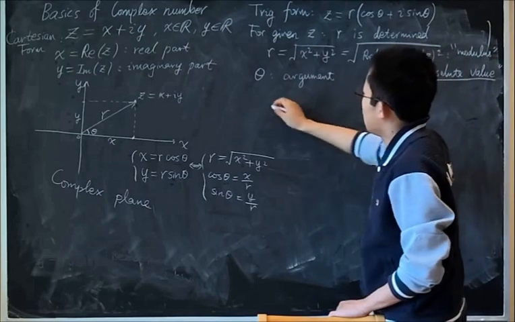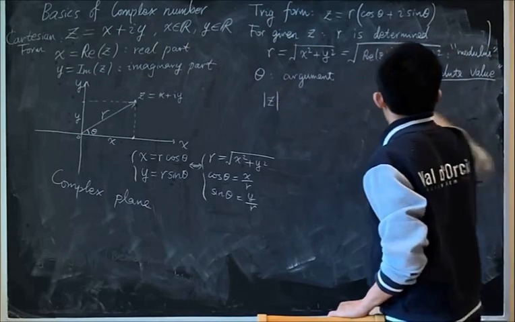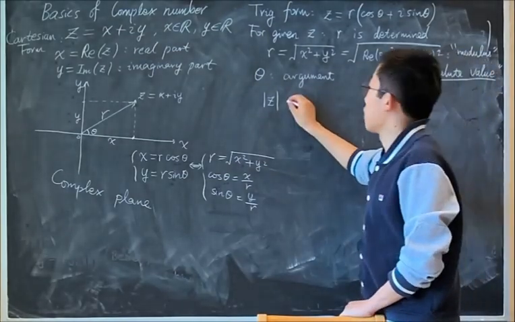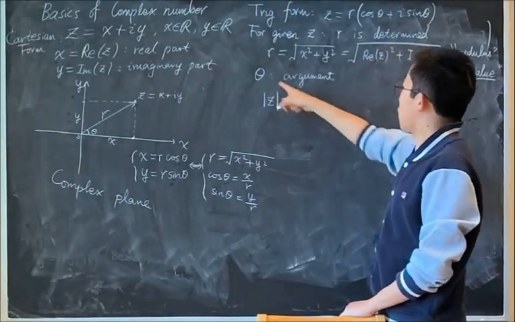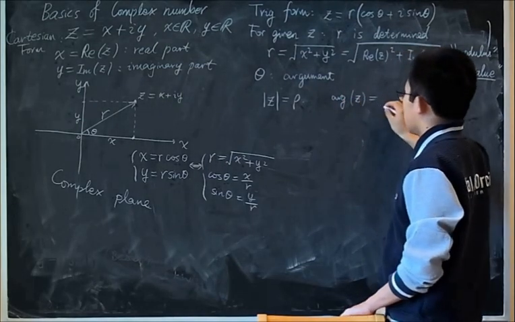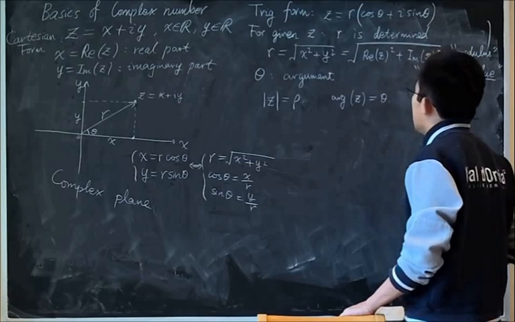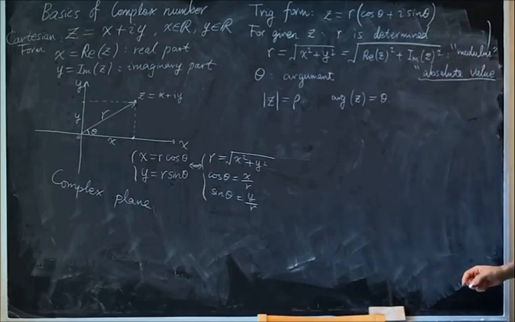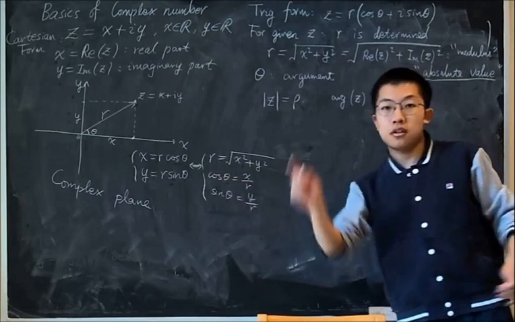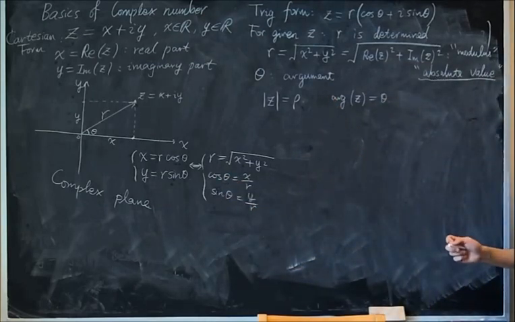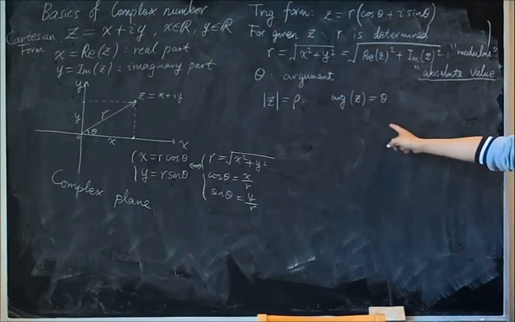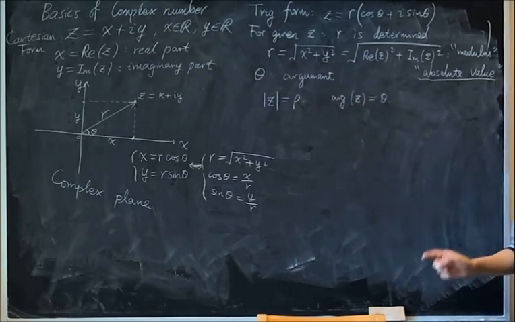Okay, so for the symbol of the absolute value, we use two vertical lines, and we say that |z| equals r. And for this argument, we write arg of z equals this theta. Now I have mentioned that cosine theta and sine theta are periodic, right? So there are actually infinitely many different choices of theta, of these arguments, for a given complex number.